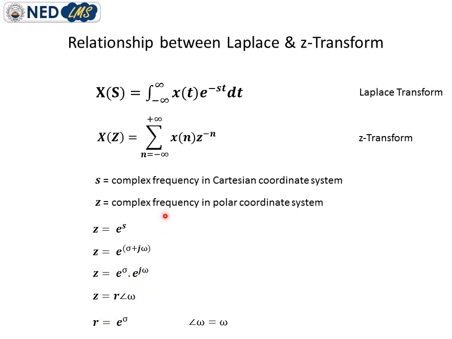In this way we can transform the complex frequency from Cartesian coordinate system, which is sigma plus j omega, into polar form, which is r angle omega. R can be calculated by using this relationship, r is equal to e raised to power sigma, and angle can be calculated by simply taking the angle of this basis function. So this is basically the relationship between Laplace transform and Z transform.